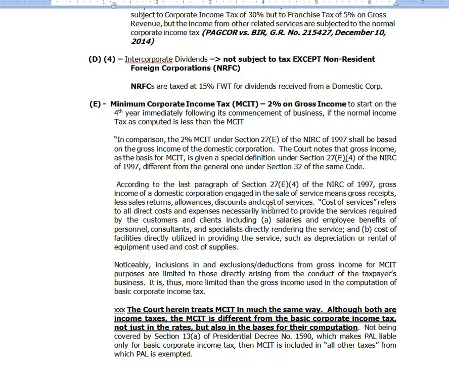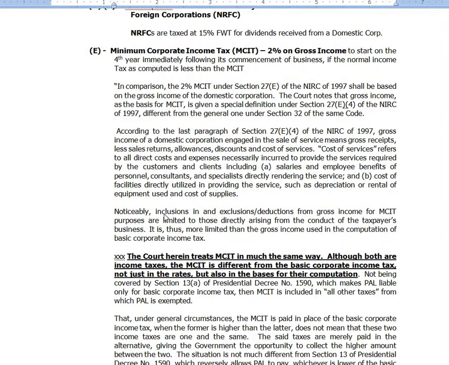According to the last paragraph of Section 27E(4) of the NIRC, gross income of a domestic corporation engaged in the sale of service means gross receipts, sales less sales returns, allowances, discounts, and cost of services. Cost of services refers to all direct costs, etc., etc. Noticeably, inclusions in and deductions from gross income for MCIT purposes are limited to those directly arising from the conduct of the taxpayer's business.